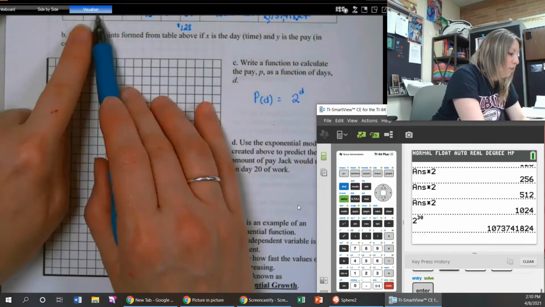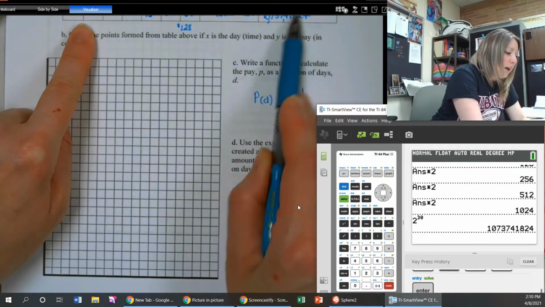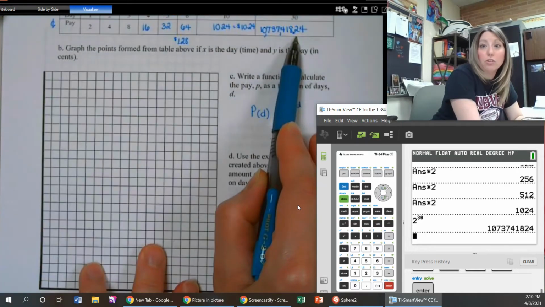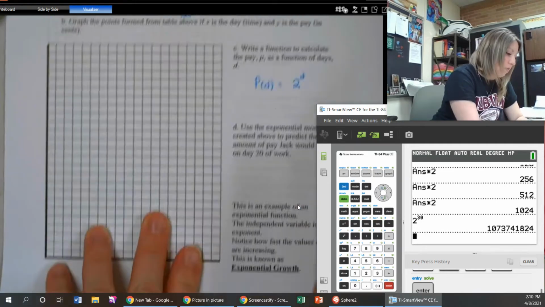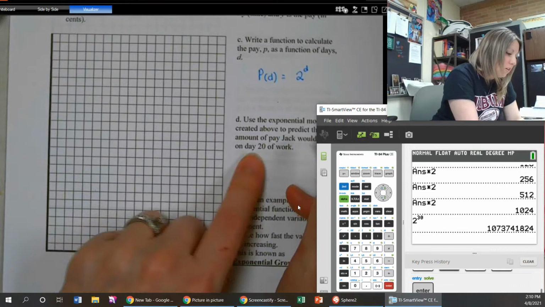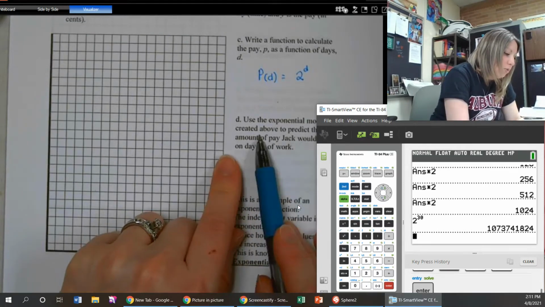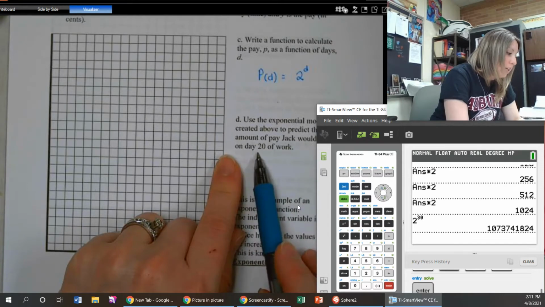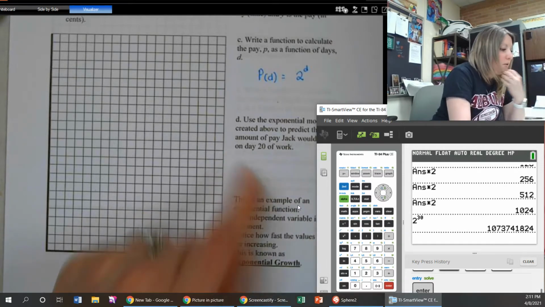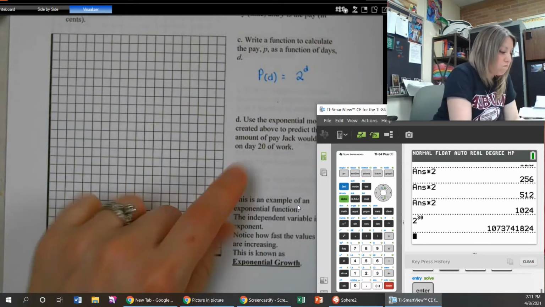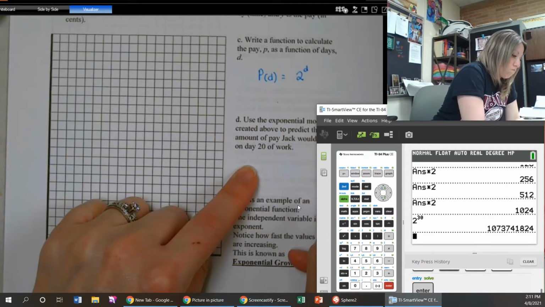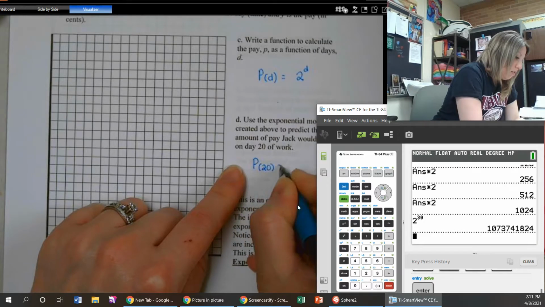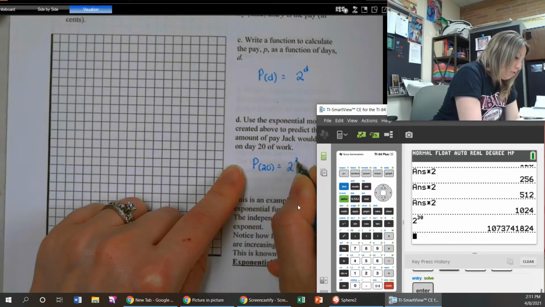Now, again, these are in cents, right? So I had to make sure I had this correct when I was converting into dollars and cents. Use that exponential model to predict the pay if Jack were to work 20 days. Well, let's do P of 20 equals 2 to the 20th power.